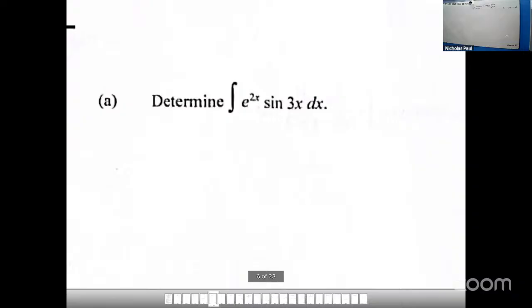Same thing here. When we integrate, you keep choosing them. You have to do that twice, right?